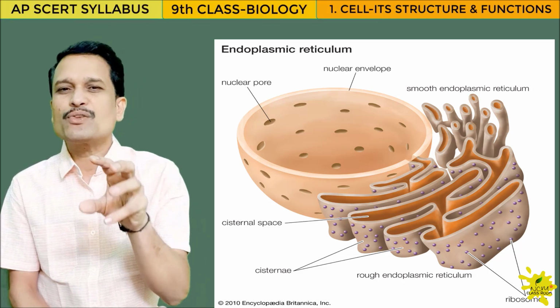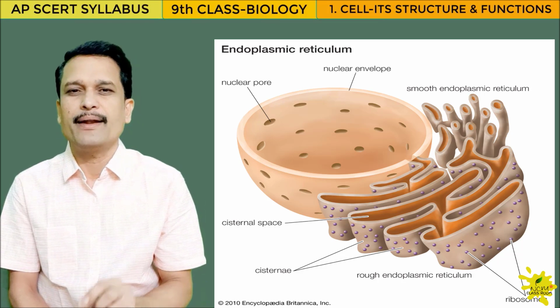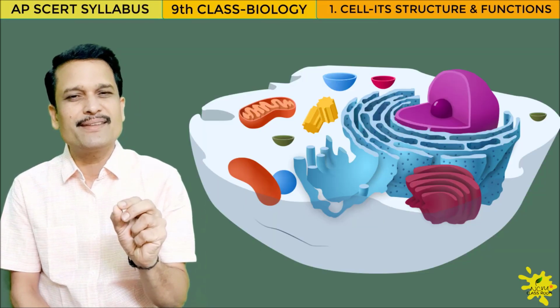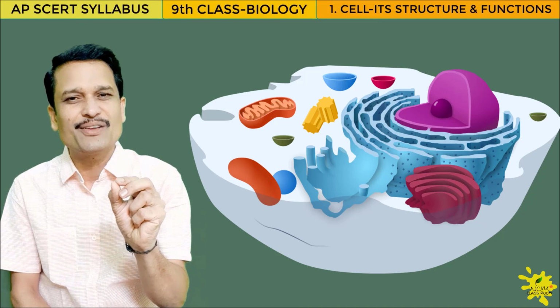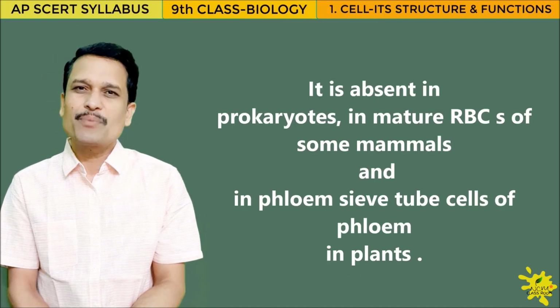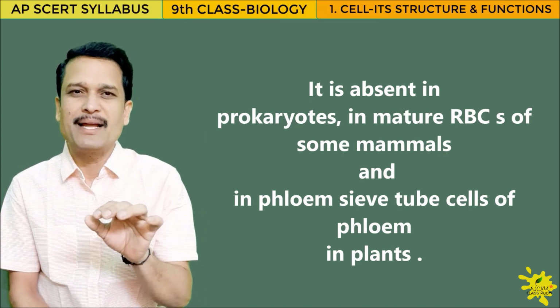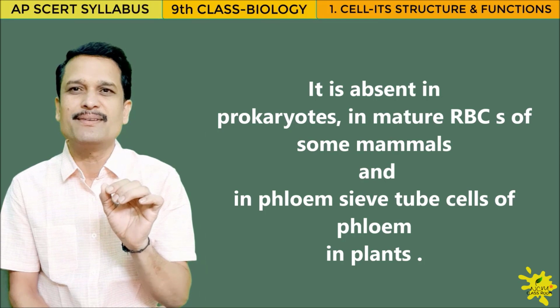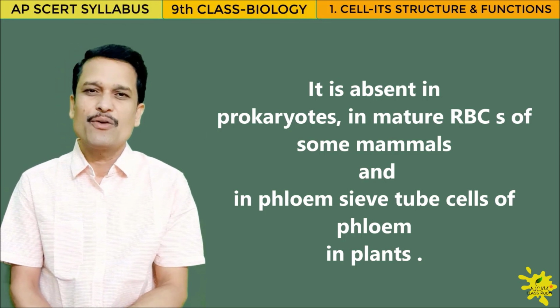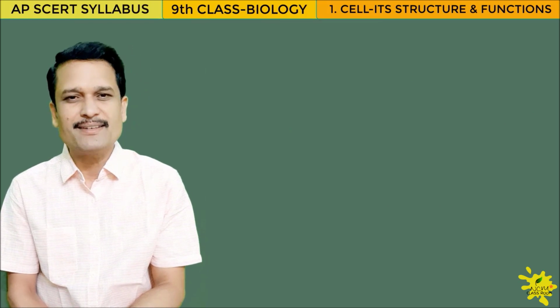The presence of a nucleus is the characteristic feature of eukaryotic cells. It is absent in prokaryotes, in mature red blood cells of some mammals, and in phloem sieve tube cells of plants. Especially vascular plants contain phloem.